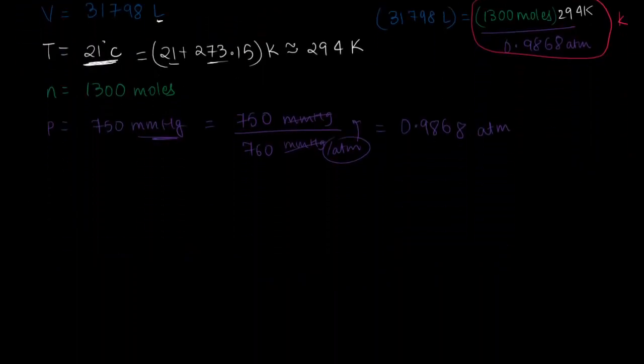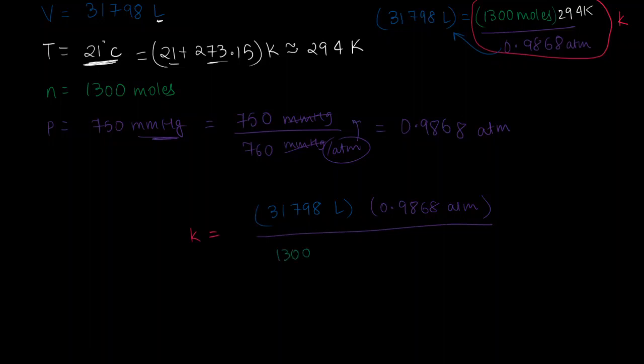K is equal to 31798 liters. That remains. This goes on the top, so it will become times 0.9868 ATM, all divided by the number of moles, 1300 moles, and 294 kelvins.